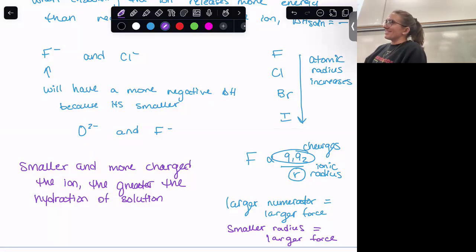I struggle with this as well. I say a more negative delta H, a more exothermic. So I say a greater lattice energy or more positive lattice energy. Which one requires more energy, and then which one would release more energy or has a more negative delta H.